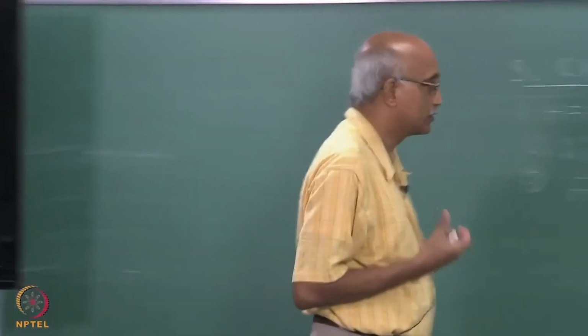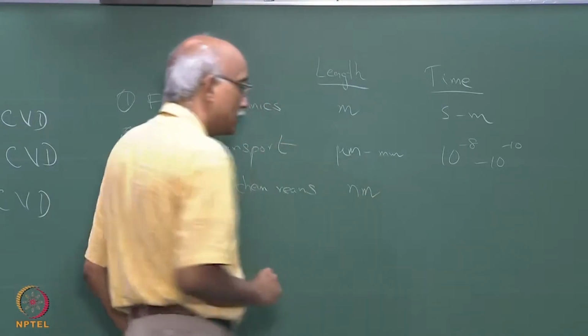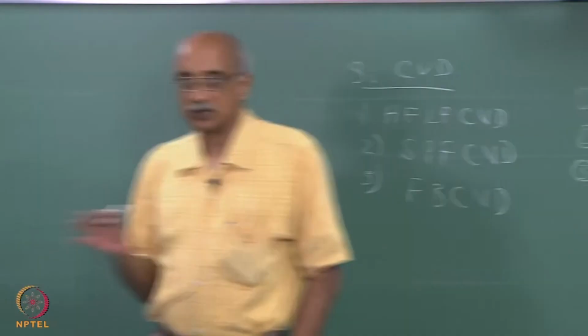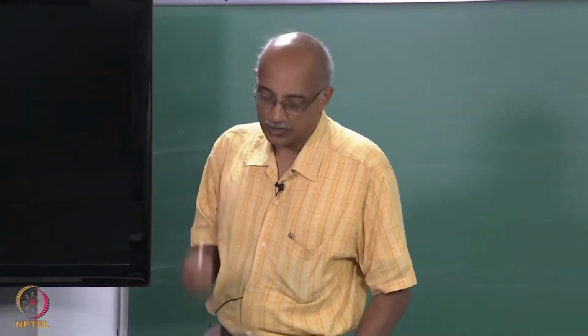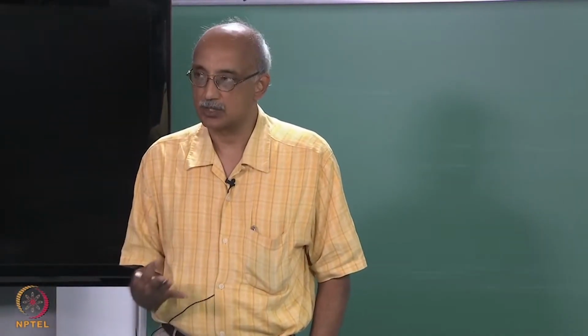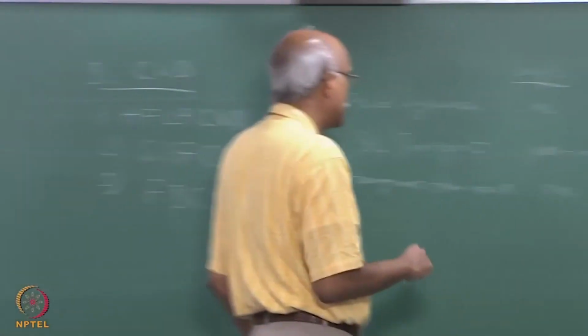So, we are really talking about nanometers as a length scale. And how about the reaction times? Homogeneous reactions in general have a higher activation energy barrier compared to heterogeneous reactions. So, the time scales are roughly comparable to the diffusional time scales.